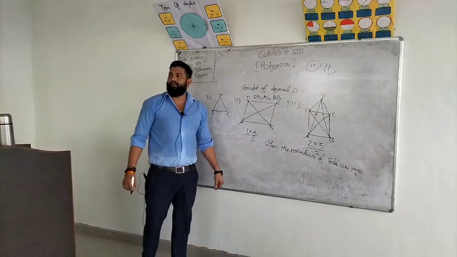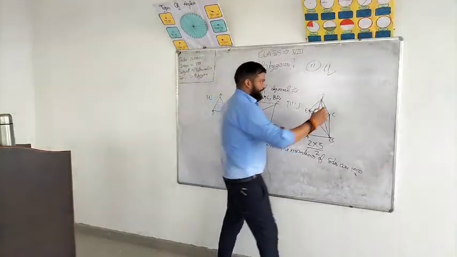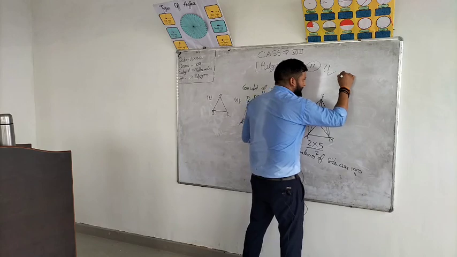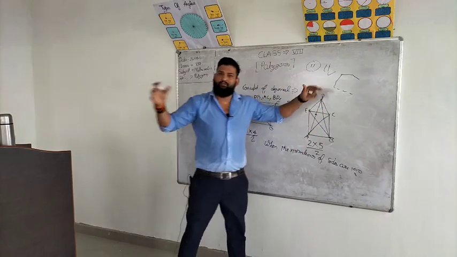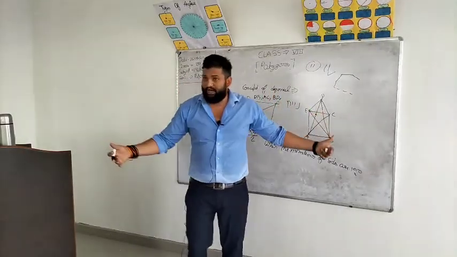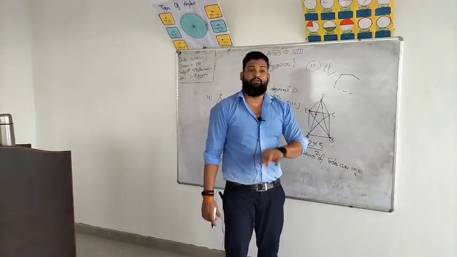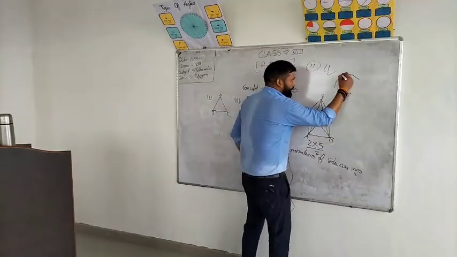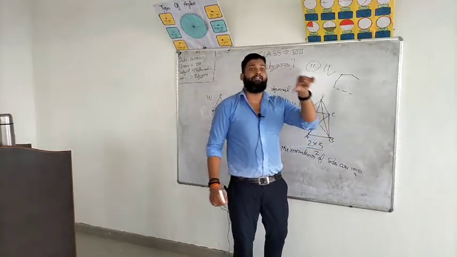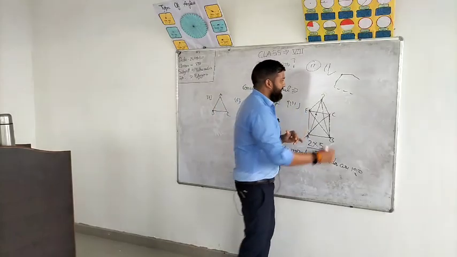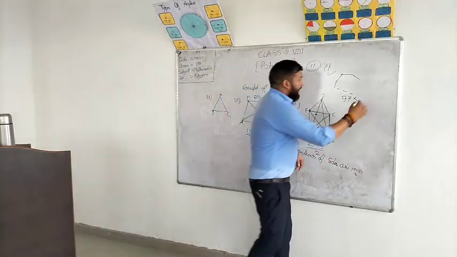So how many diagonals can we draw? Listen very carefully. If the number of sides is 100, the figure will be very large. But if we have to find it, we know that from one vertex we can draw 97 diagonals. And there are 100 vertices, so 97 diagonals from each of 100 vertices.